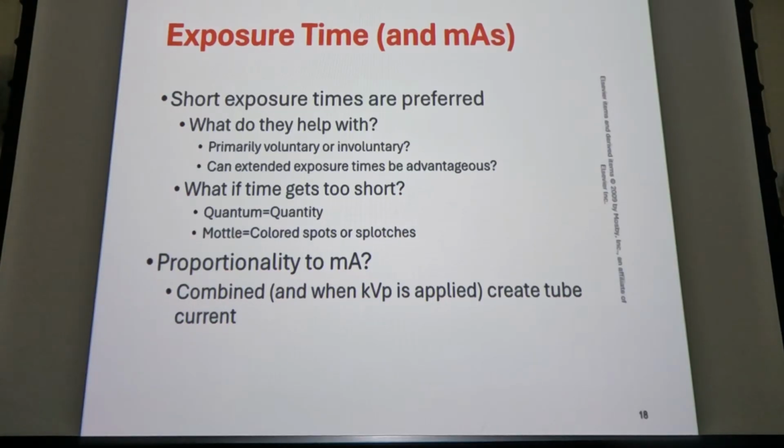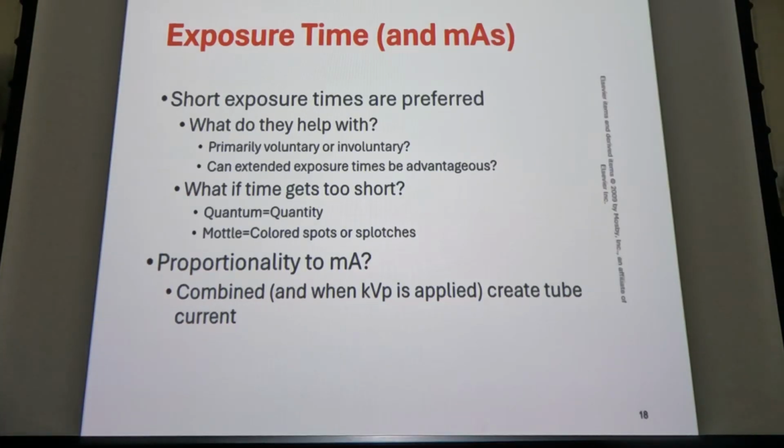Quantum mottle, right. So because we don't have enough photons to the image receptor, and that's quantity, then we might get a speckly appearance on the image, and that's mottle. So quantum mottle is a mottled appearance on the image because we don't have enough X-ray photons.